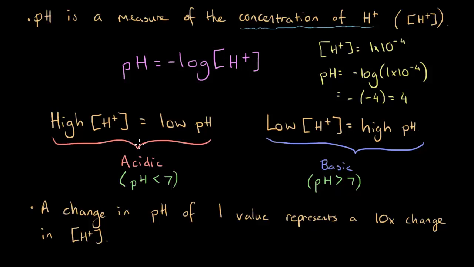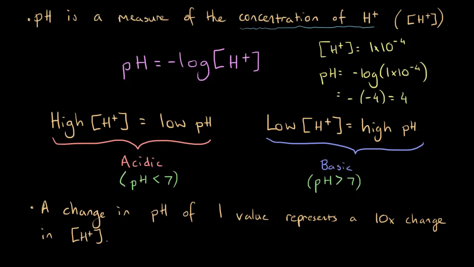If you had to compare two different solutions of hydrochloric acid, and one was more concentrated and one was more dilute, the one which is more concentrated is going to have a lower pH once again, because pH is a measure of the concentration of H+. If you're comparing some bases, things which produce the most hydroxide ions, they're going to have the highest pH, because the more hydroxide ions there are, the less H+ there will be.